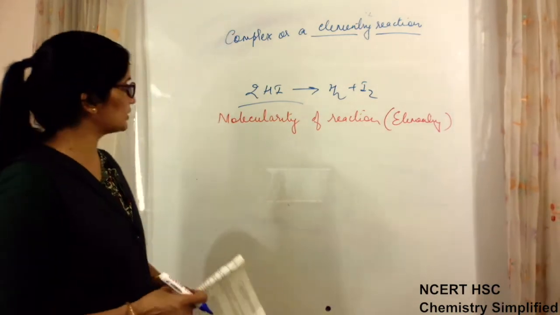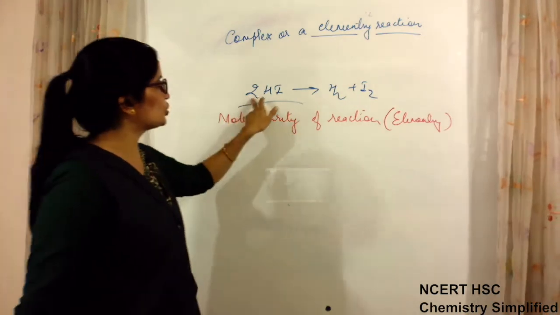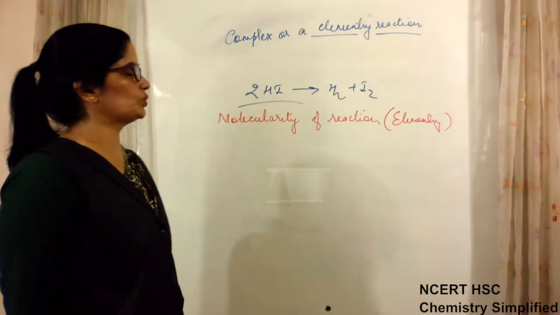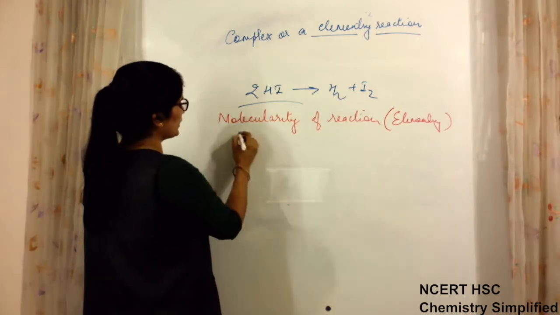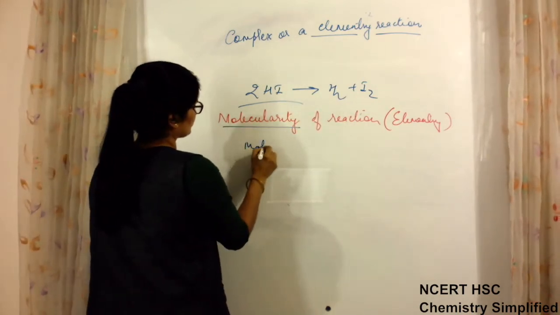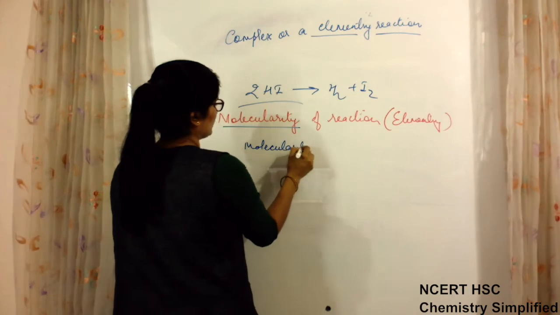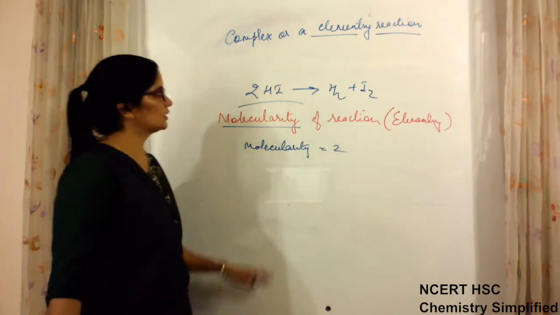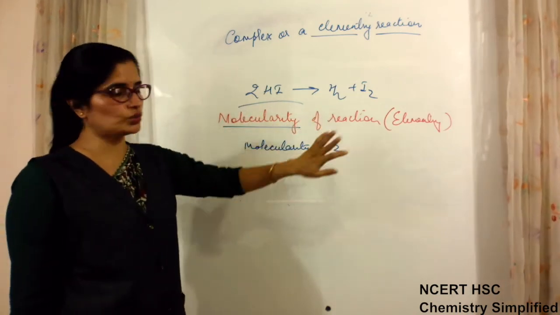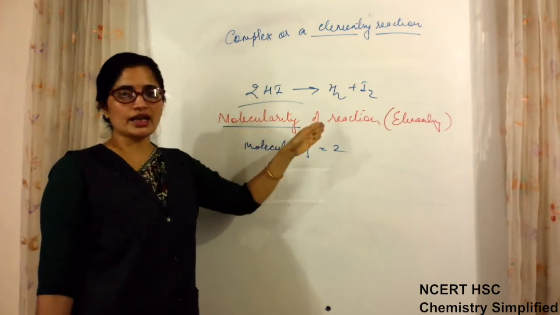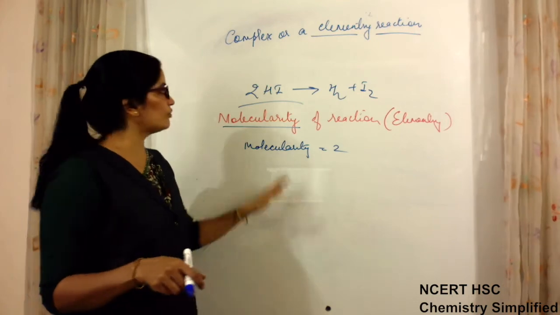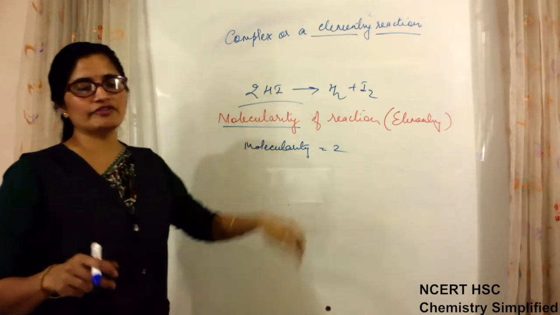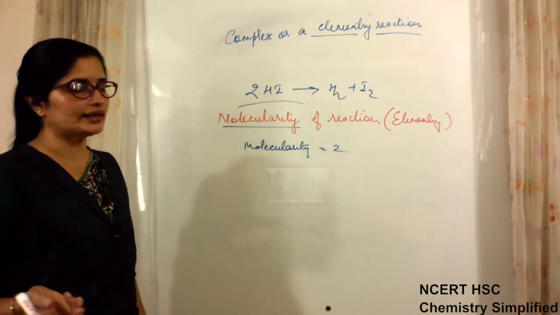Now the reactions which are written, suppose 2HI gives H2 plus I2. This is an example of an elementary reaction, and the molecularity of this reaction is 2. But its order of reaction we cannot tell. We can only tell its order of reaction when we know its experimental data.